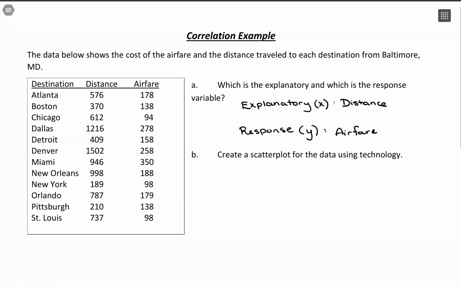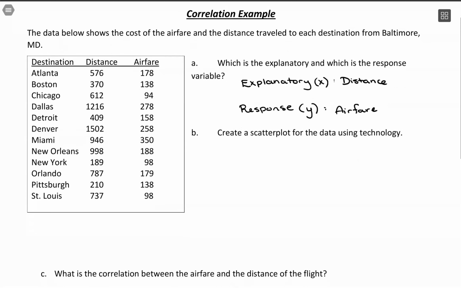It wouldn't be likely that you would go to an airline and say, I am spending $300 on a ticket, choose how far I can travel. That would be an unlikely scenario. It's not impossible, but it's typically not what happens when buying tickets. So with that, that sets the explanatory and response.